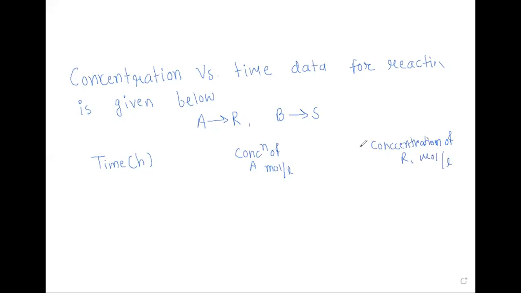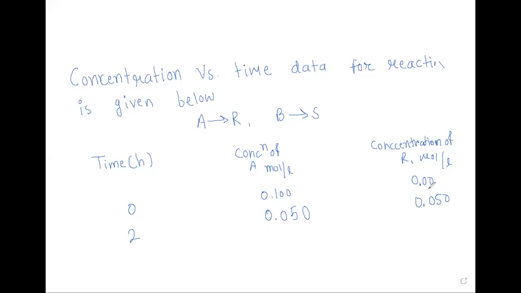For the first reaction, at time 0, the initial concentration of A is 0.100, and for R it is 0.00, so no formation of R initially. After 2 hours, the concentration of A decreases from 0.1 to 0.05. It means half has decreased, and formation of R will be 0.050. It means as much as decreases, that much R is formed.